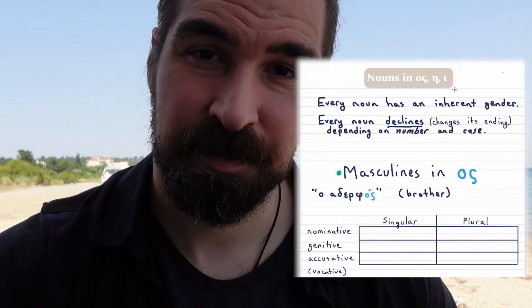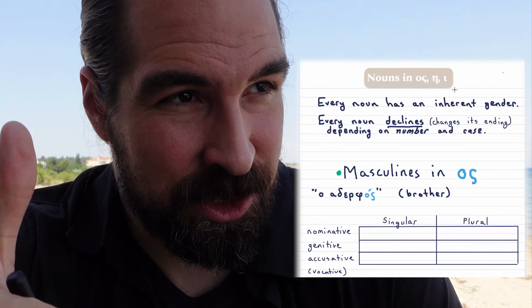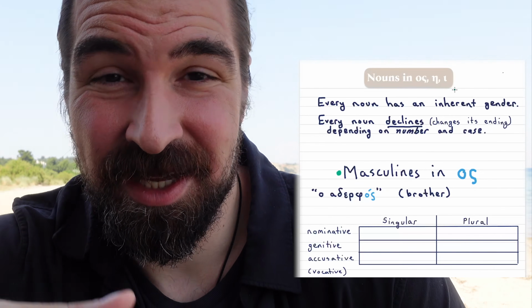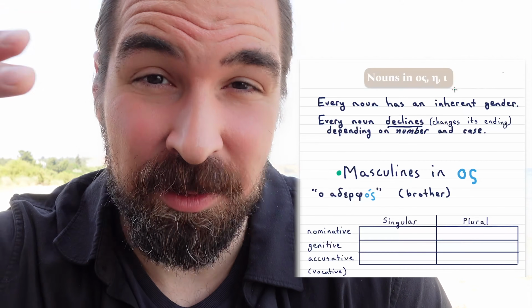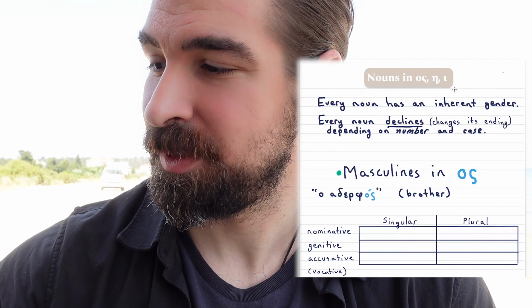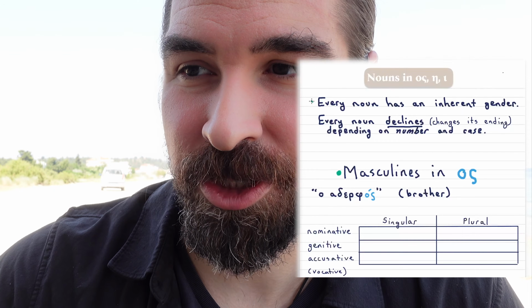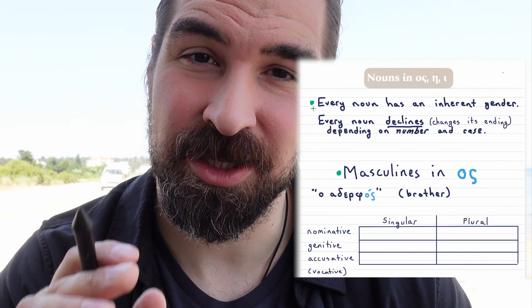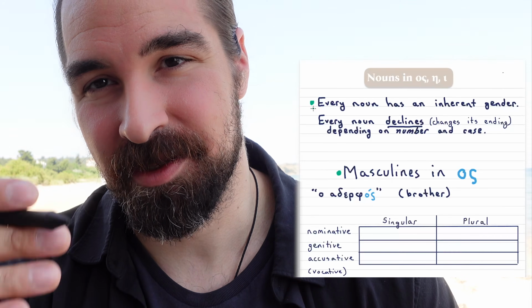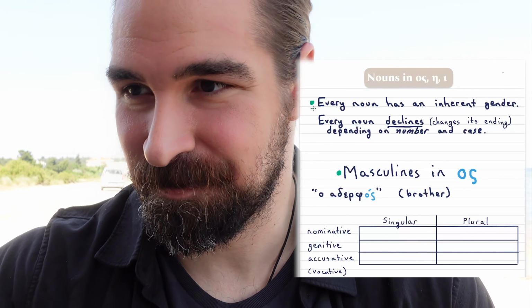Grammar on a beach. We've talked about gender, we've talked about cases, and we've talked about the definite article, the. Now we're going to look at some nouns. As we said in our gender video, every noun has an inherent gender. Every noun comes with a gender.